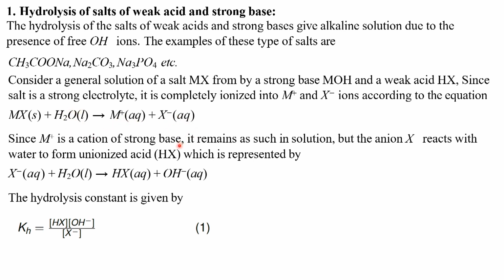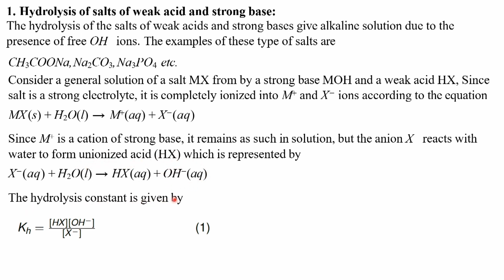Since M plus is a cation of a strong base, it remains as such in solution, but the anion X minus reacts with water to form unionized HX, which is a weak acid, and OH minus.